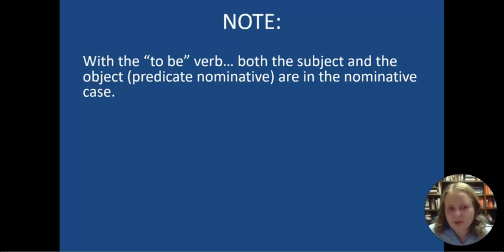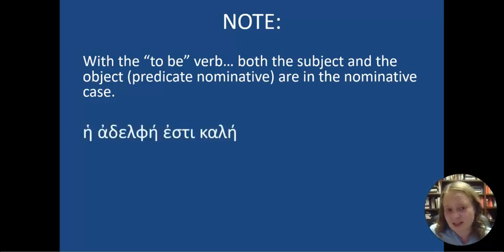With the verb to be, both the subject and the object are in the predicate nominative, or in the nominative case. And so this is a weird thing about to be verbs. So if this is an example of it, he adelphe, which you know means sister, estin, she is, kale, she is beautiful.